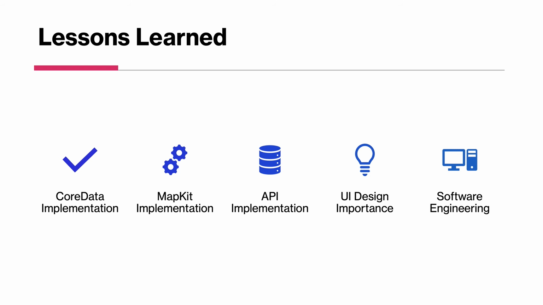I had to learn how to really use MapKit and get different information, whether from longitude or latitude, depending on the different security settings you might have. Also, API implementation. I had to learn a lot about JSON calls and how to interpret the data so that Swift can use it and display everything correctly.